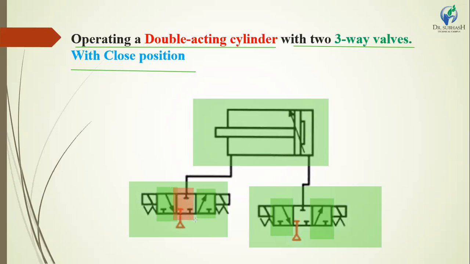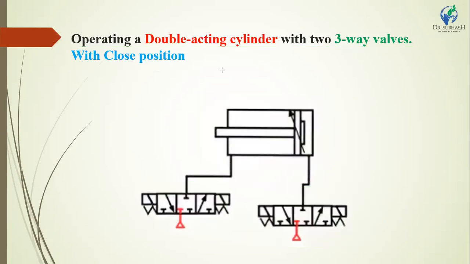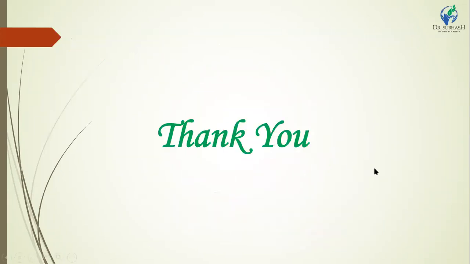The center symbol shows that the center position is closed, which means oil does not pass from the hydraulic pump to the direction control valve, or from the direction control valve to the double acting cylinder. This mid position is closed. Hydraulic oil does not pass from the direction control valve to the cylinder, or from the cylinder to the direction control valve. That closed condition is mostly used for the load and unload condition of heavy weight. Okay, thank you.